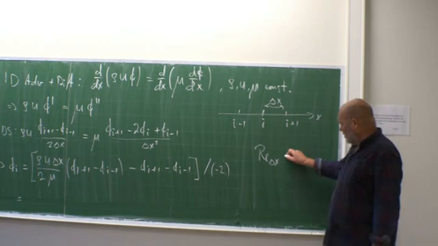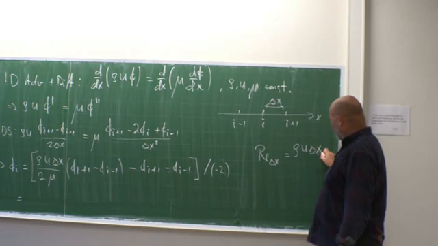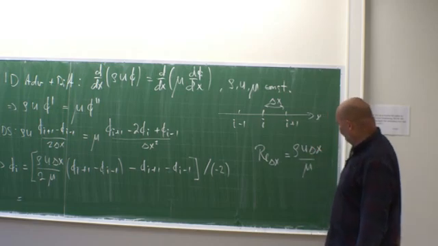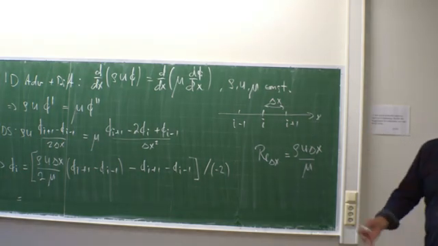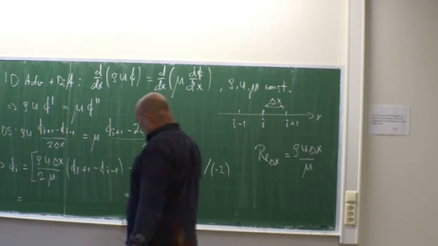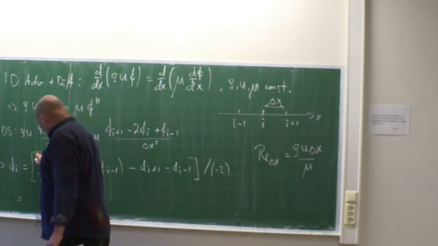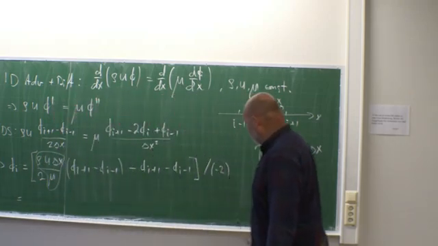So that one equals rho u delta x by viscosity. Or in the example we had, they called it the cell Peclet number, but it's the same. So that one we have right here. Here we have our cell Reynolds number.